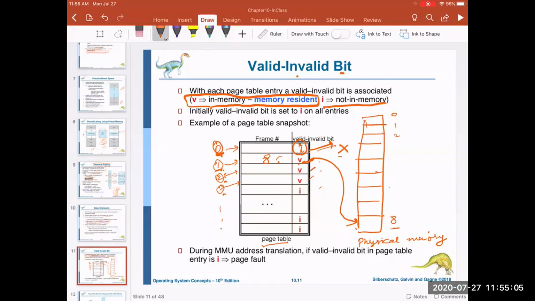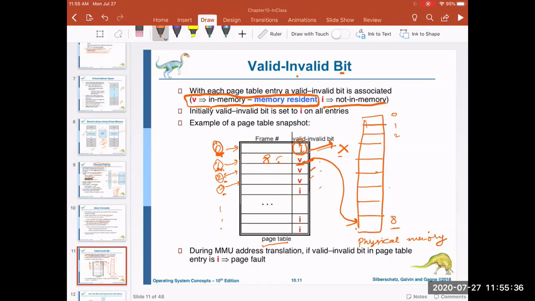So the pages with the valid-invalid bit set to V are called memory resident. This page 1 is actually residing in the physical memory. If it is I, invalid, it means the page is not inside the physical memory and it becomes non-memory resident.